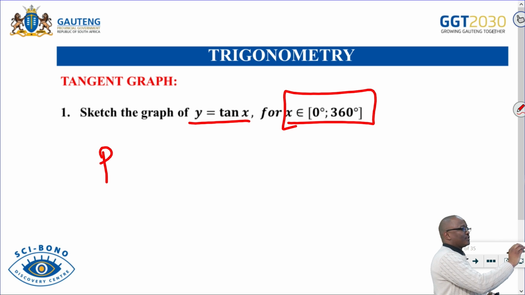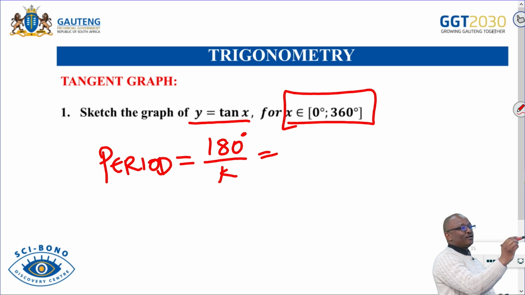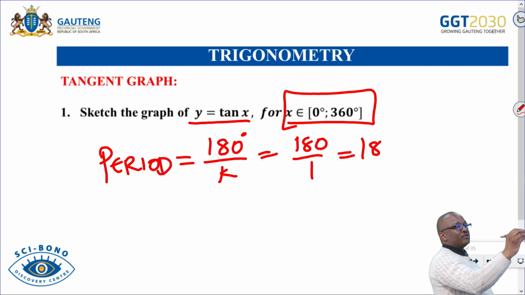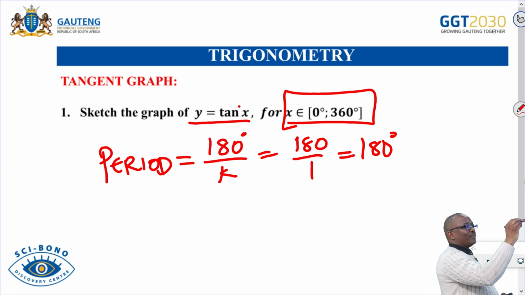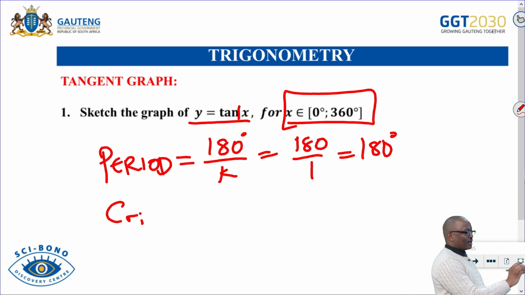We start with its period. For tan, remember, the period is 180 divided by k, which is 180 divided by 1, which is 180. That is your period. Remember, k is the number in front of x, and the number in front of x there is 1.